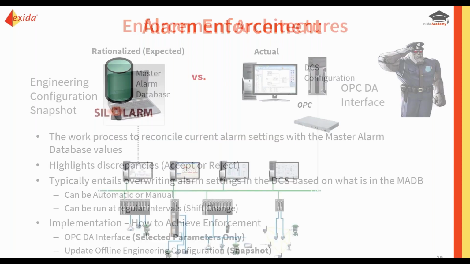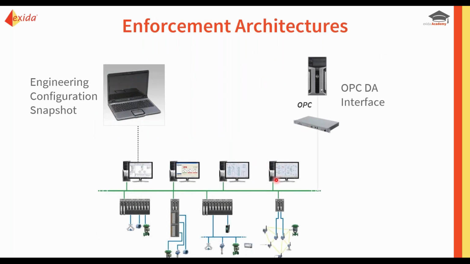So in terms of how those different methodologies get implemented, here you can see the OPC interface idea, and it needs to have a continuous connection to the running control system because it's reading and writing to your running system, to the alarm settings and statuses. So it needs to have that communication link open and a good set of communication to be able to make that work.